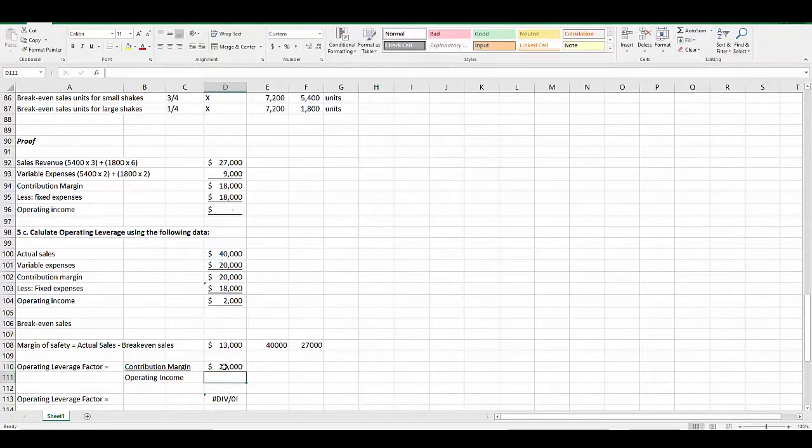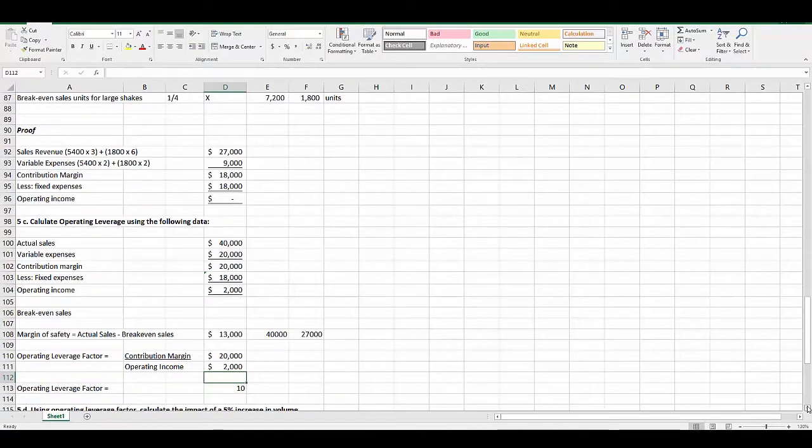Then we have to divide that by your operating income, which is 2,000. So that gives you an operating leverage of 10. So when you increase the volume that you were selling, this will tell you right away what the impact is going to be. We'll see how this works in the next problem.